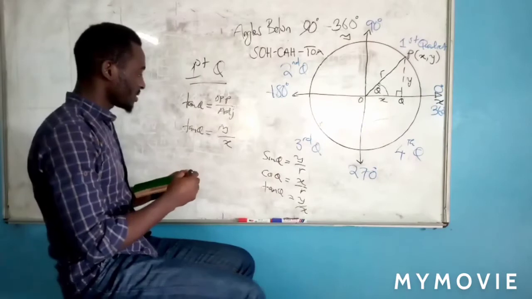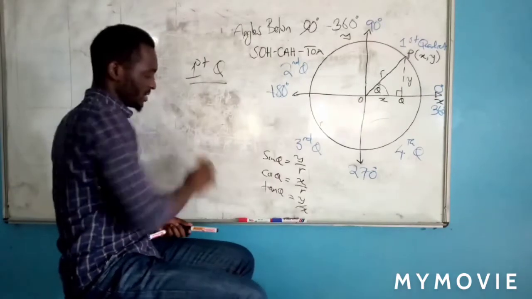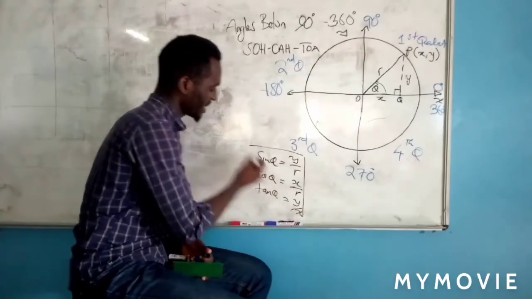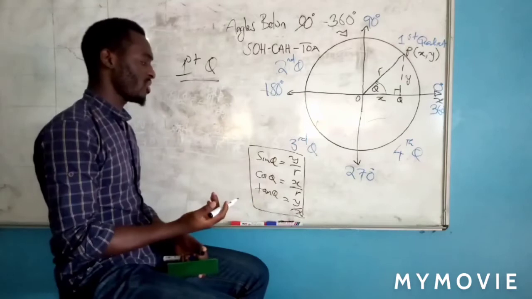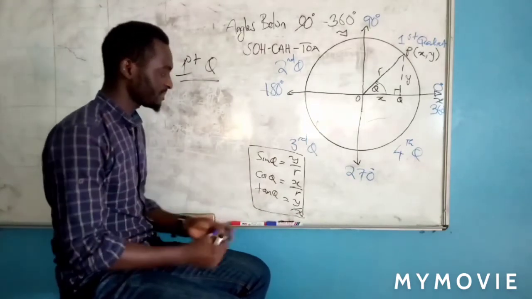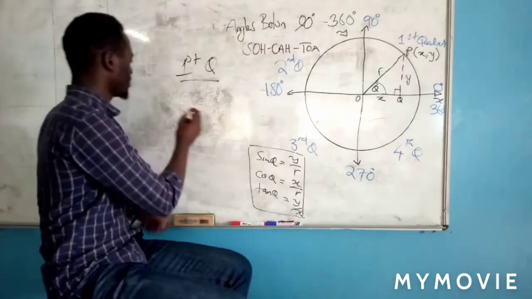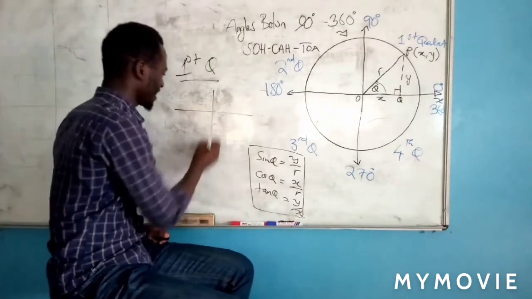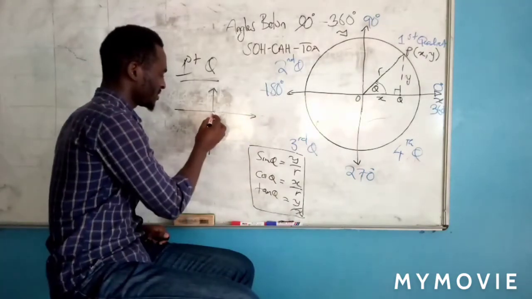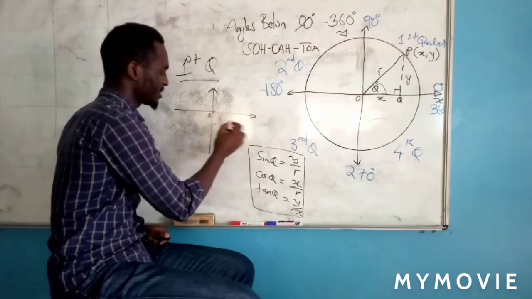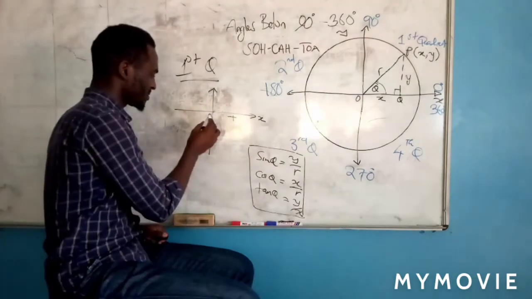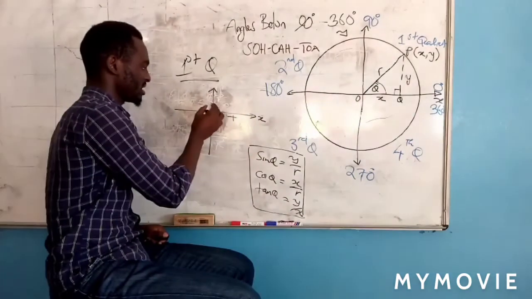All right. Now, in conclusion, what you can see is that all these ratios in the first quadrant happen to be positive. Why do I say they are positive ratios? Let me use the diagram here quickly. If we have the x-y plane, numbers from 0 going in that direction are positive, and numbers on the x-axis, numbers from 0 going in that direction are also positive.